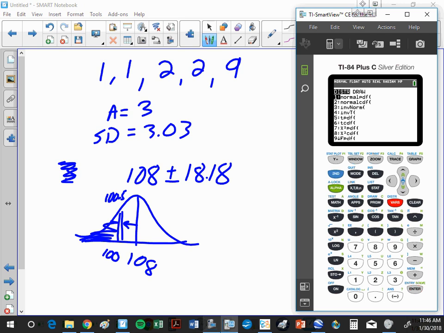And what are my endpoints? So from negative 5 or negative infinity to negative 0.41. And I get, good, 34%. Right.